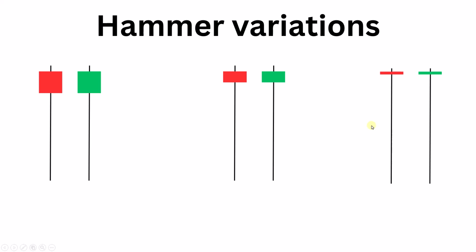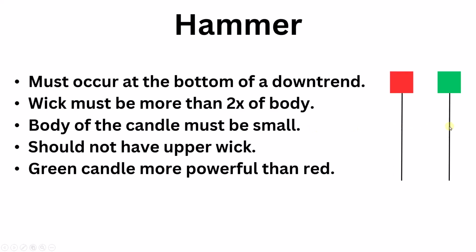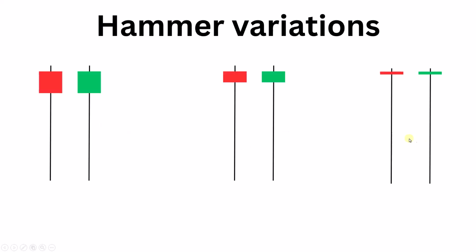Now, these are the variations of hammer, meaning what you saw just now are the ideal hammers, but rarely the ideal hammers appear in the market. We generally see these variations of hammer.